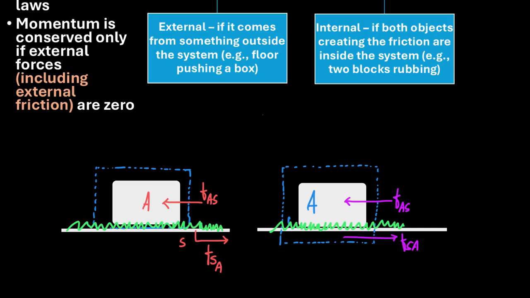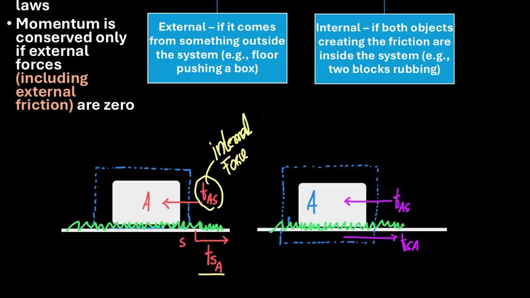So, in this system, friction acting on A due to the surface is what? It is an internal force, whereas friction acting on the surface due to A is an external force, but is not acting on A. There's a difference. It is not acting on A. Yes, it is acting on the surface.